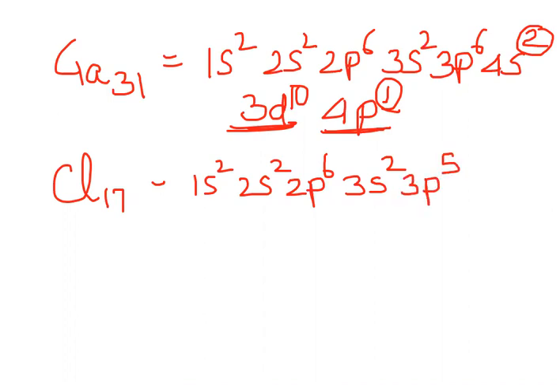Remember, no electron from 3s is going to jump and go to 3p. This kind of jumping is possible only when there is overlapping. Here, these orbitals are not overlapping, so no jumping is permitted. So this makes it 3s2, 3p5.